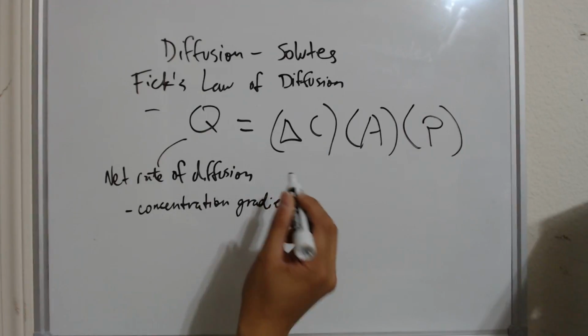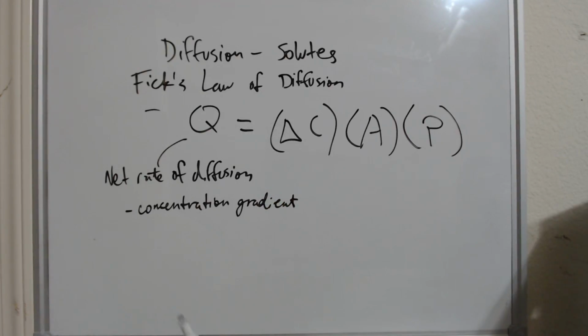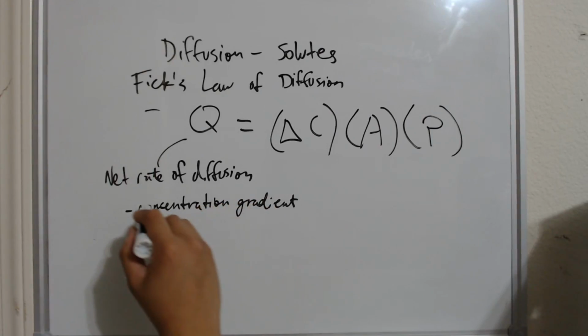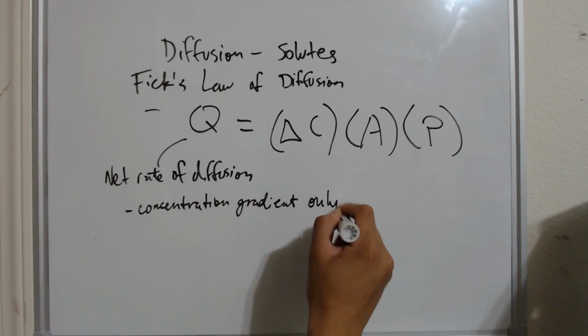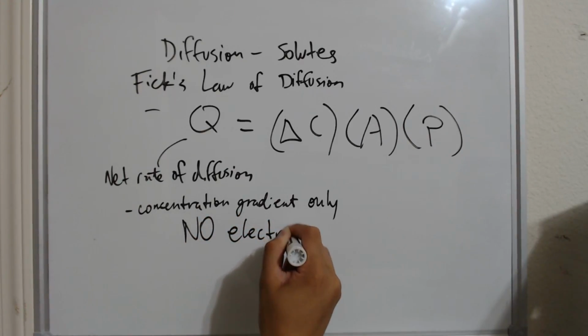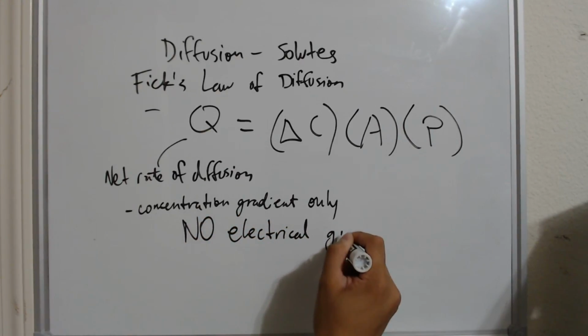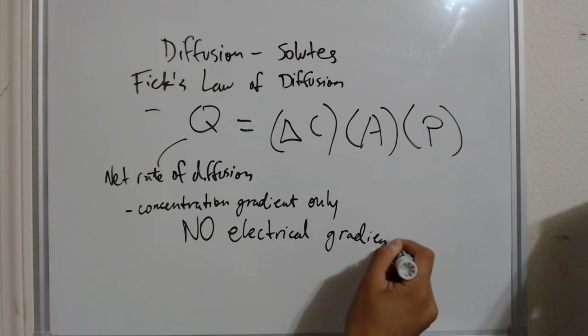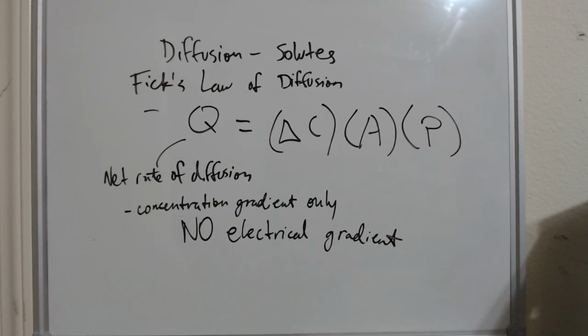And we know that ions also pass through, which makes an electrical gradient. No electrical. That's the problem with this equation.